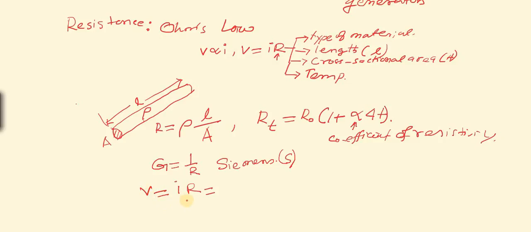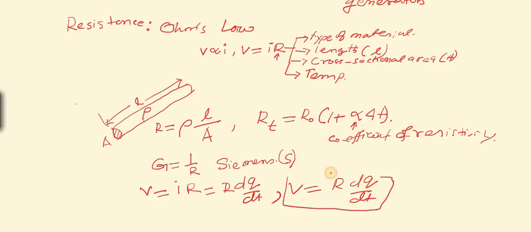So this Ohm's law can also be represented in terms of charge, I is equal to dq dt, V is equal to R dq dt. Ohm's law in terms of charge.